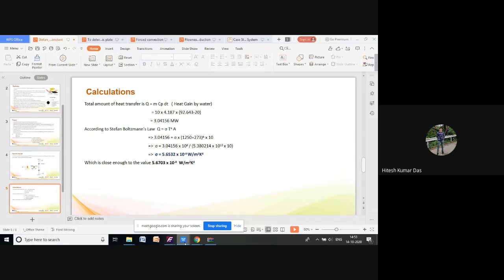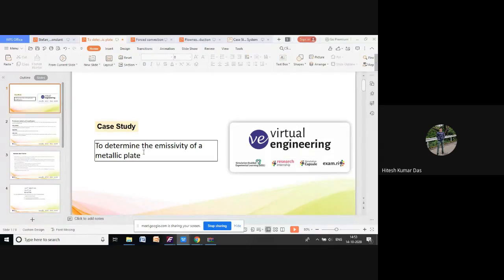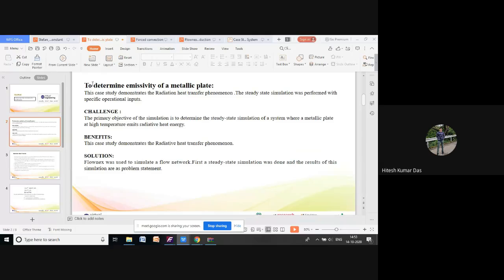Next we'll go for another case study, which is the determination of emissivity of the metallic plate. Here we have to determine the emissivity of the metallic plate. The primary objective of this simulation is to do a steady state simulation of a system where a metallic plate at high temperature emits radiative heat transfer.